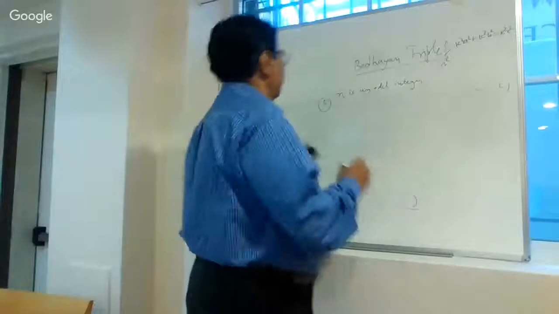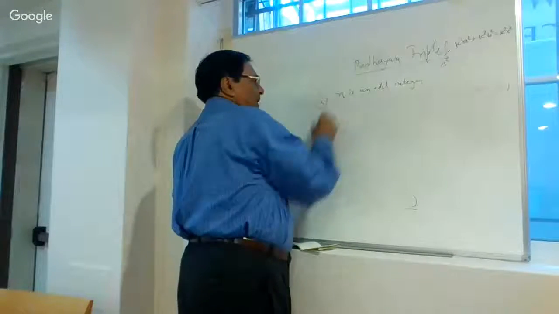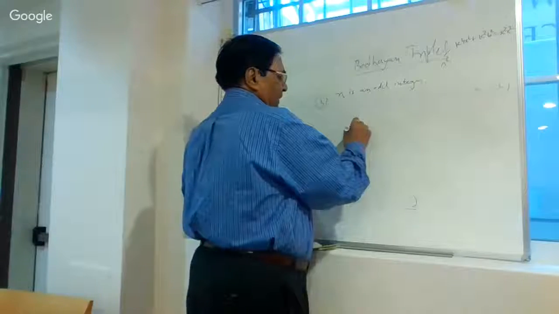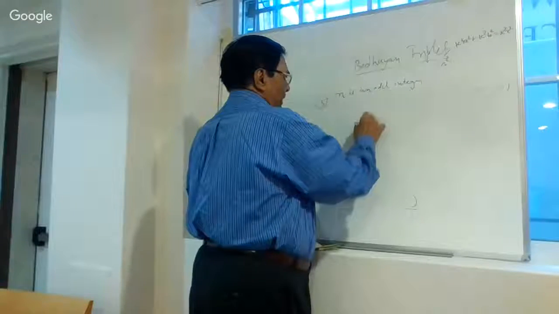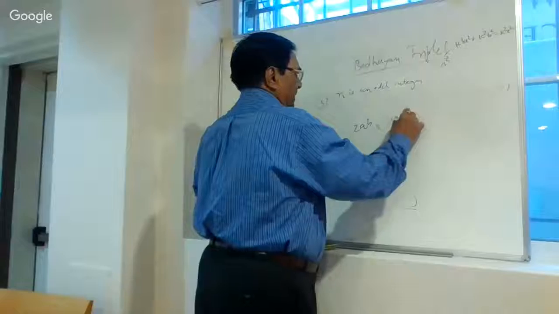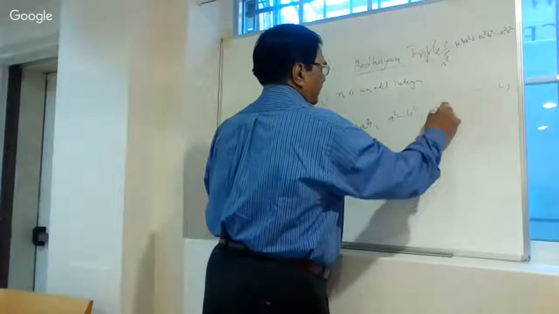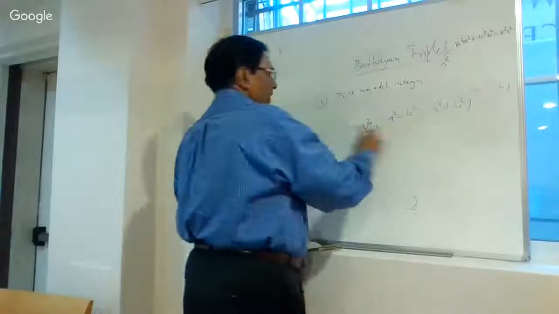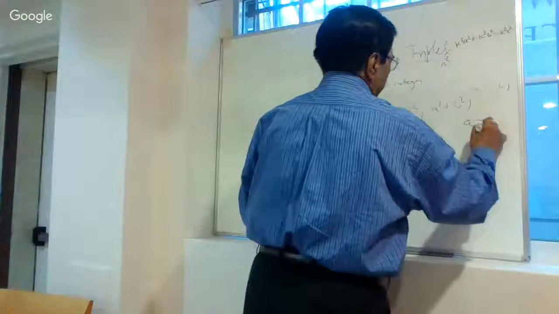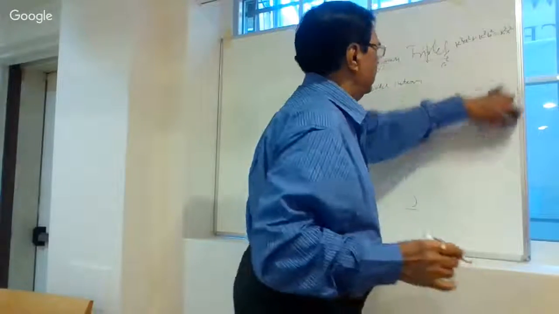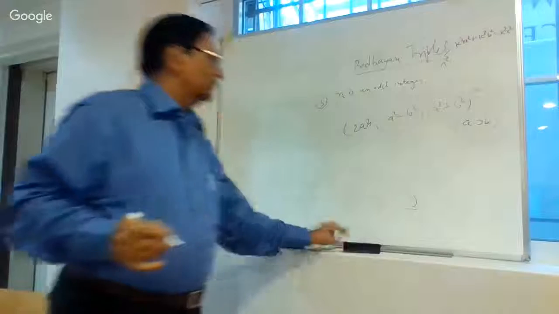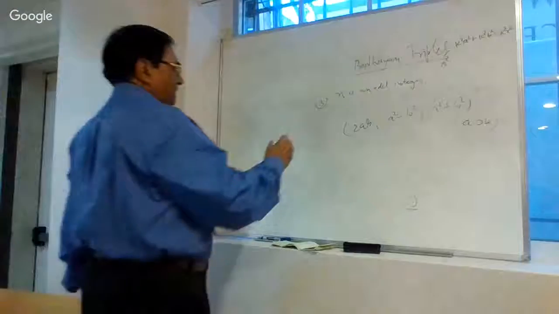Now the third one is 2ab, a square minus b square, a square plus b square. If a is greater than b, we should remember.